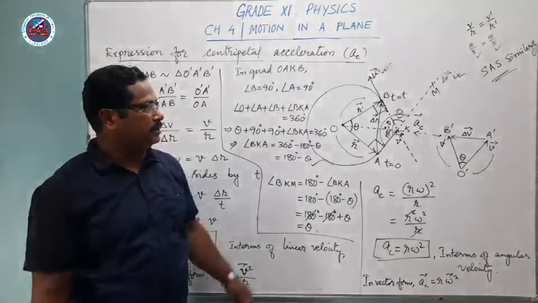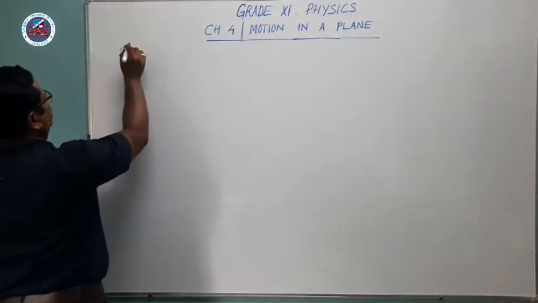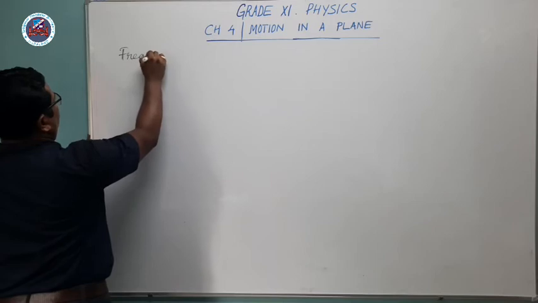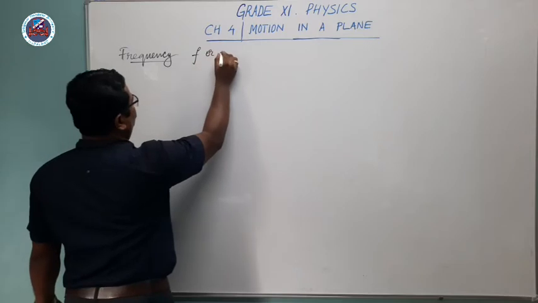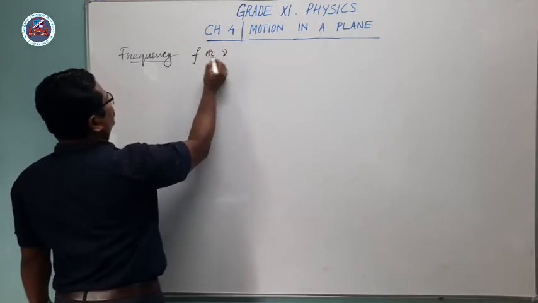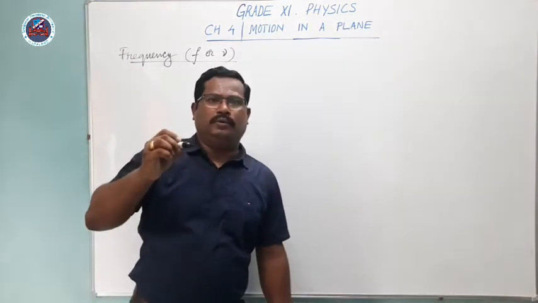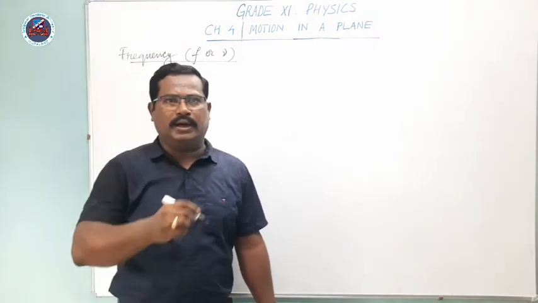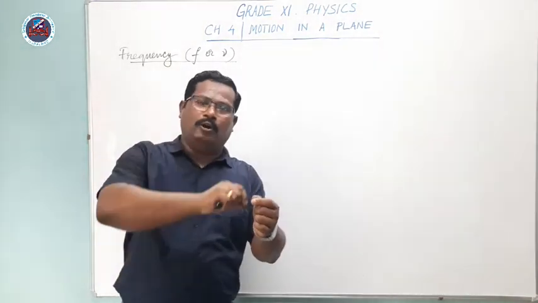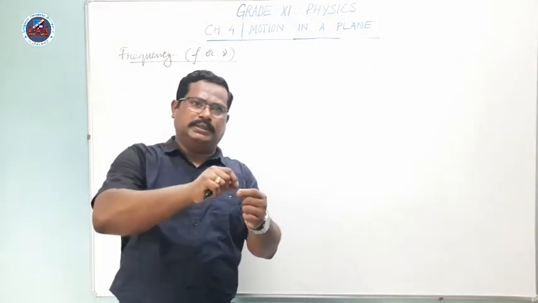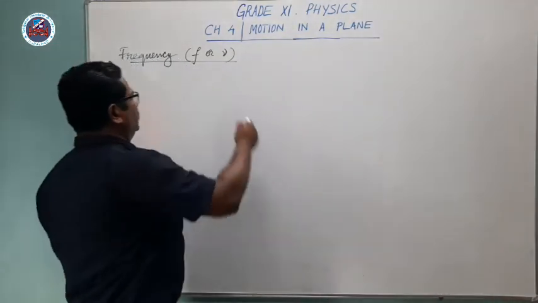Let us see some more terms related to circular motion. So you need to know the terms related to circular motion. Frequency, we write it as simple f, or more popularly we write it as nu. We pronounce it as nu. Frequency is the number of revolutions completed in 1 second. When a body is in circular motion, how many times it can complete the circular motion in 1 second, that we call frequency.